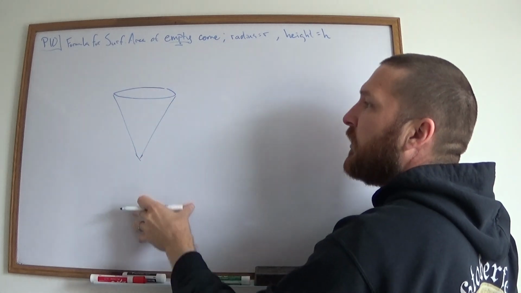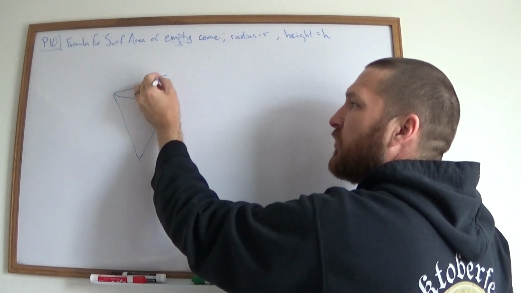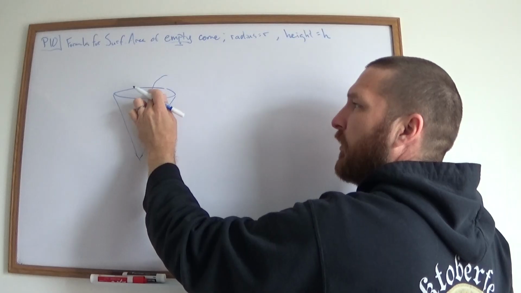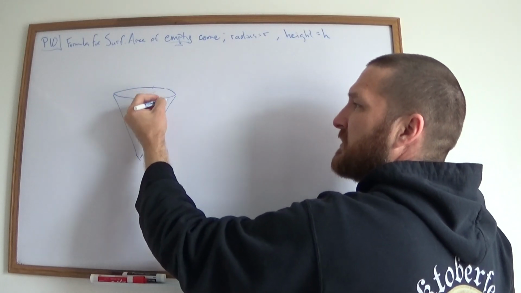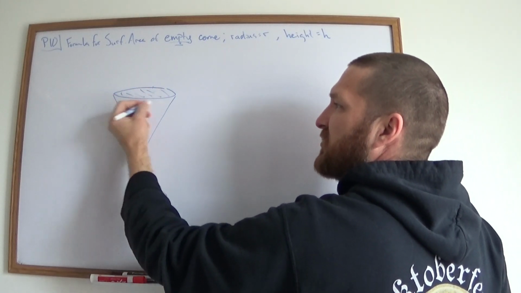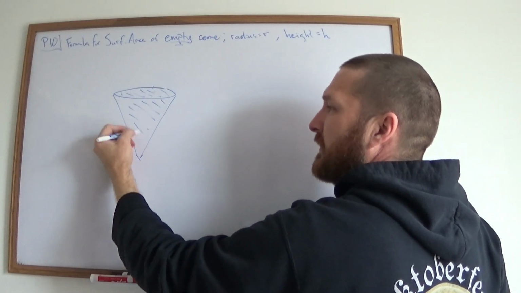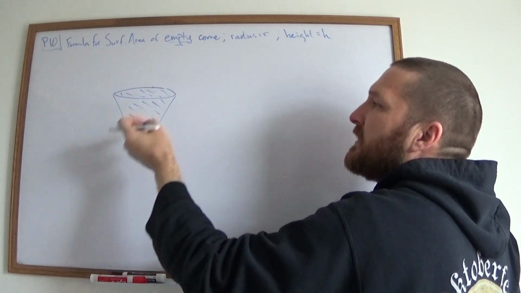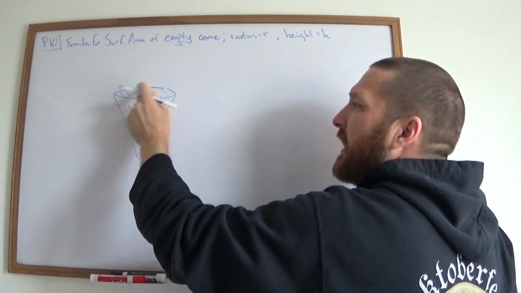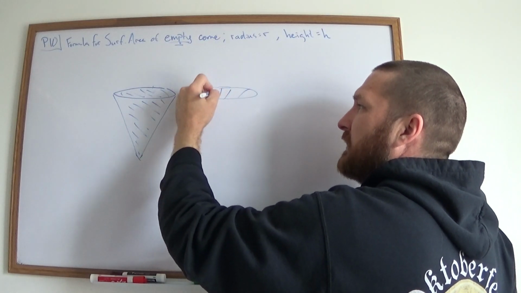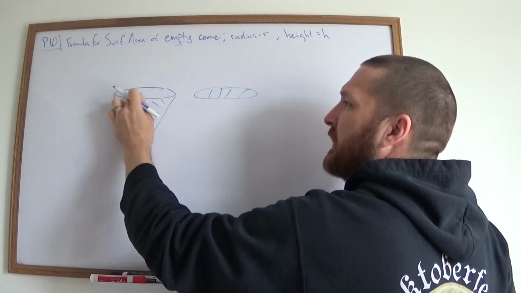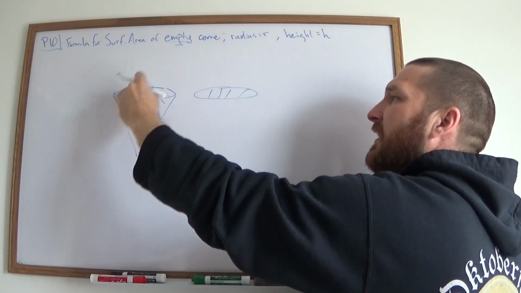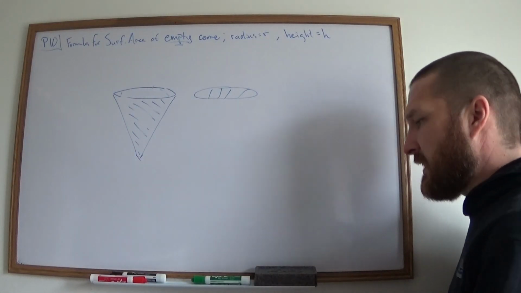You have a cone. We want the surface area, but we want to ignore this part, the lid part, right? So you imagine this is an empty cone, and we're going to take that top off, basically. And so we only care about the surface area of the outside. That's what we want to do.